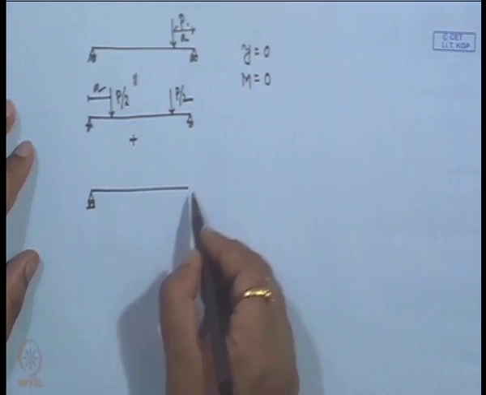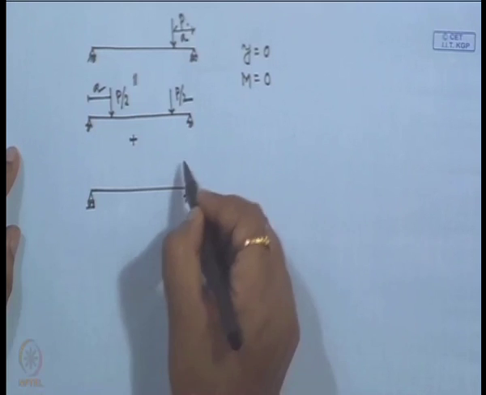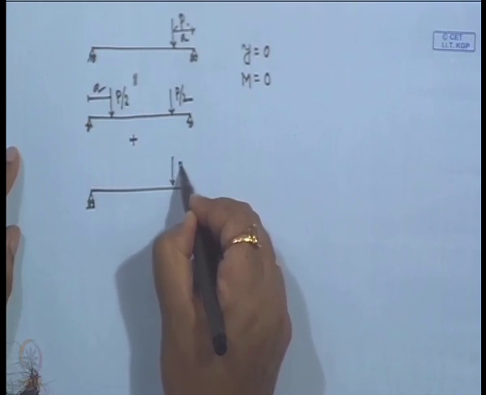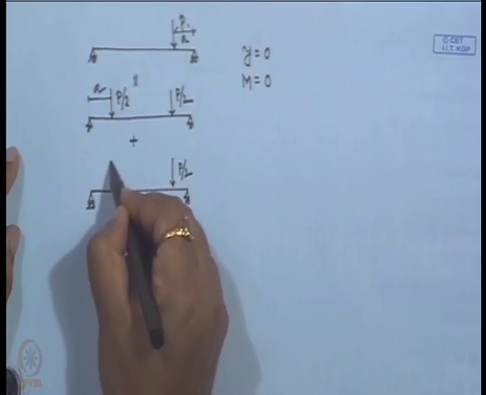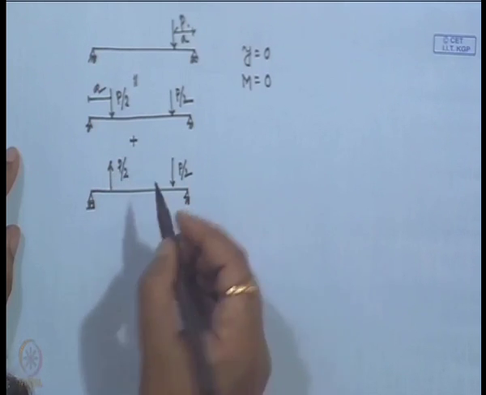Then plus antisymmetric behavior also, that is here P by 2 and here the direction is opposite, P by 2.